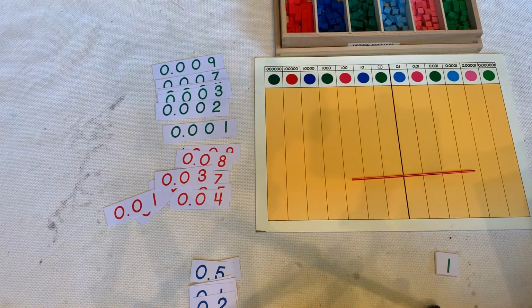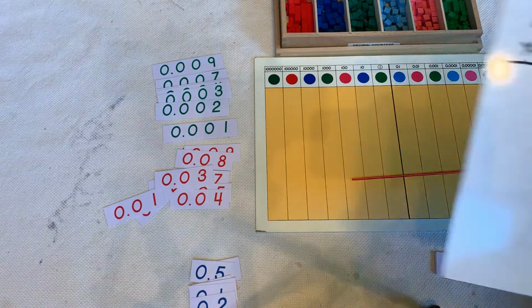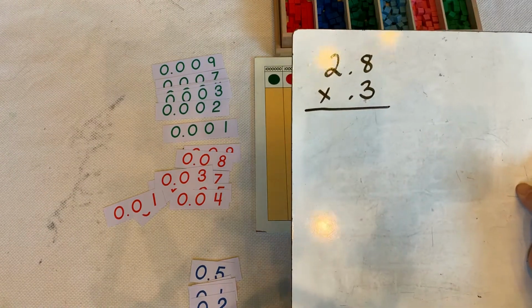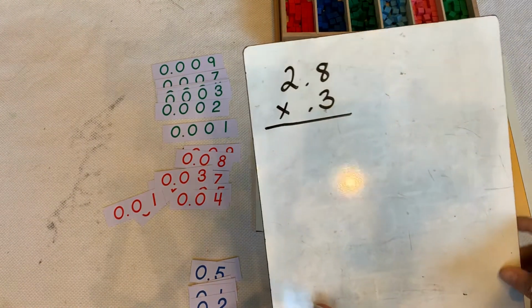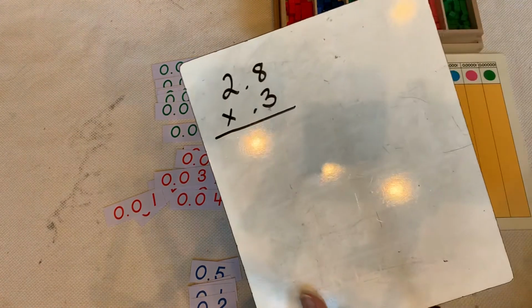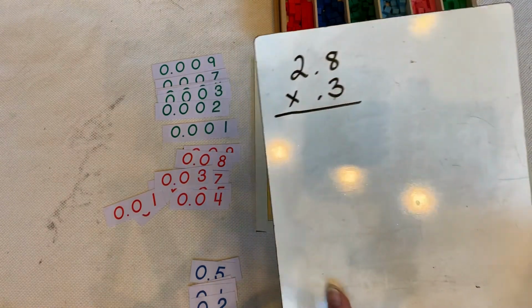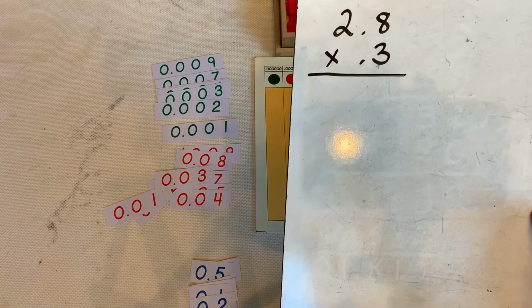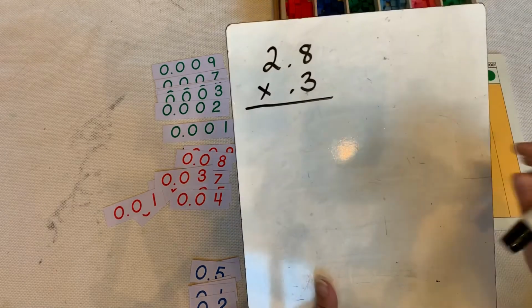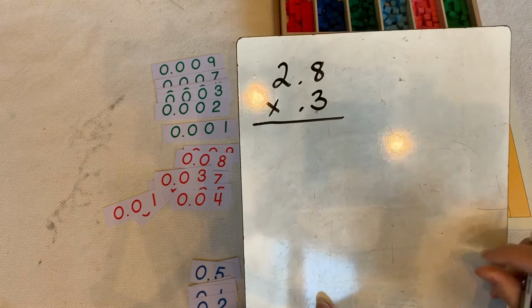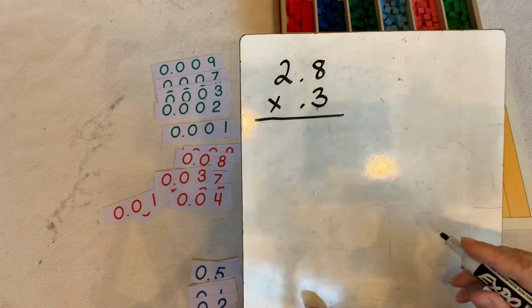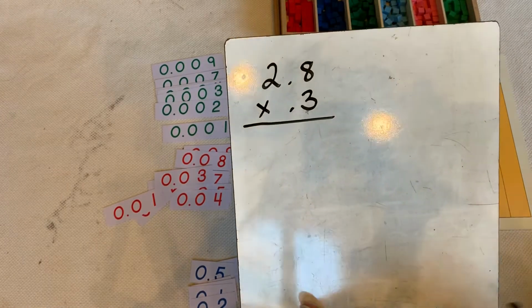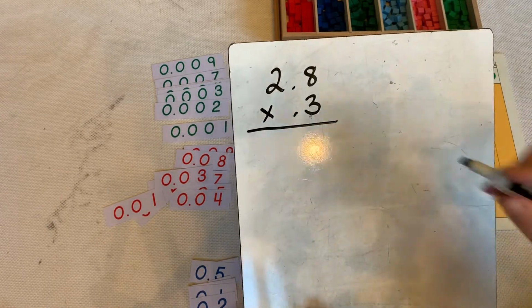This time I'm going to start off by doing it the abstract way. We only have one multiplier, so it's actually not too hard. So we can multiply 2.8 times 0.3 by ignoring the decimals and just doing a normal multiplication problem, and then we'll figure out where the decimal goes after we're done.